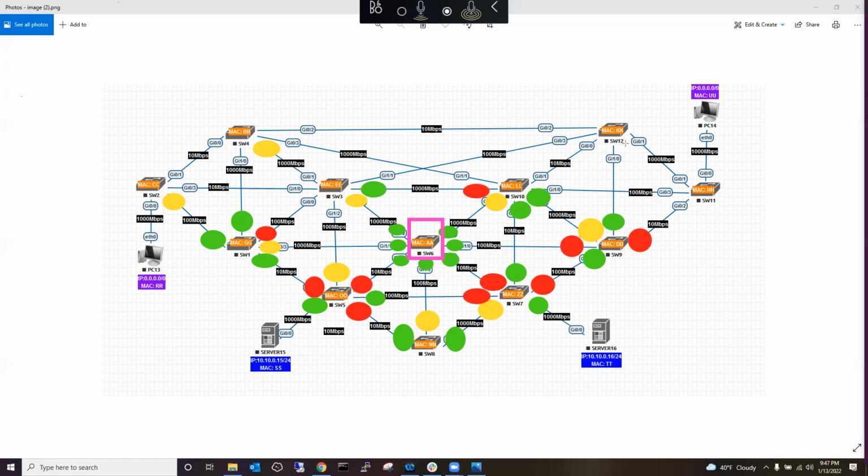Which interface again? On switch 12, would it be your root port? I want to say gig 1/0, but 0/3 can be as well.